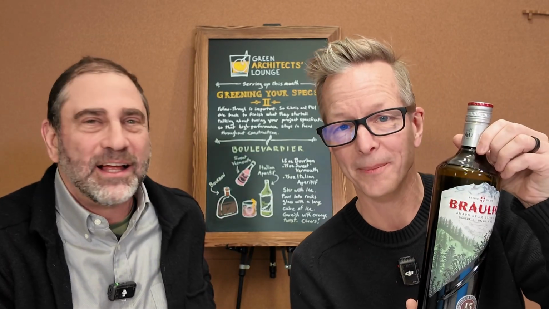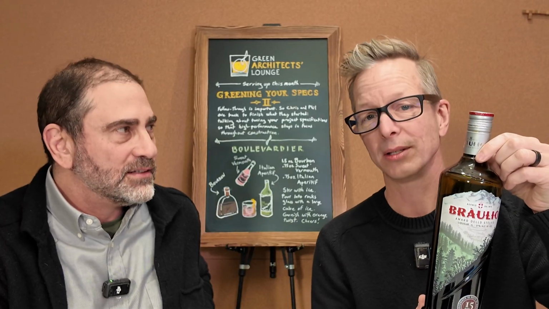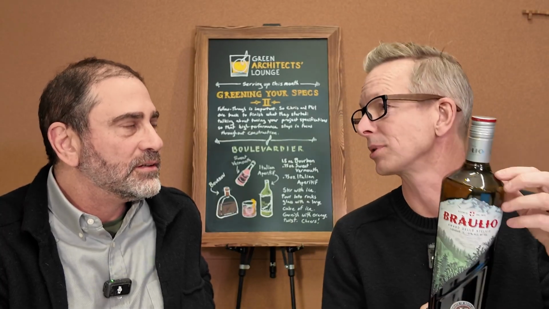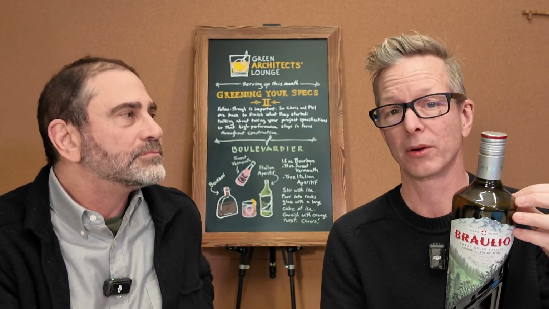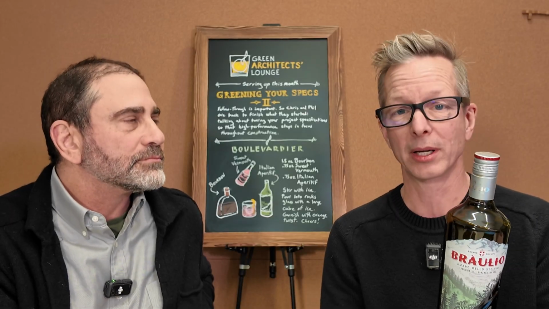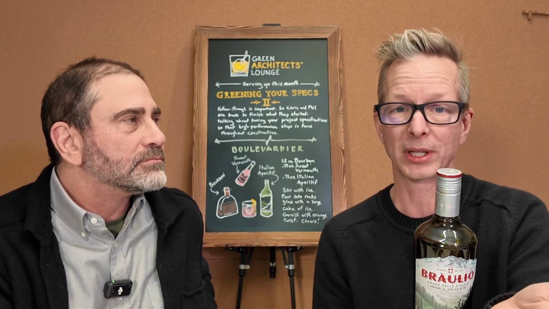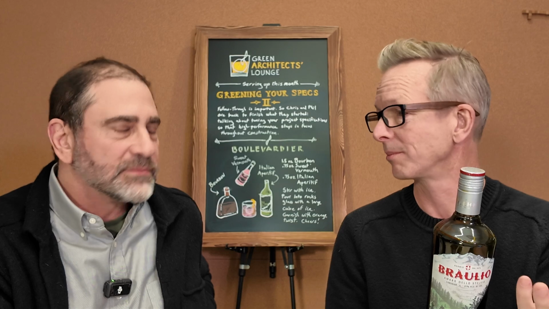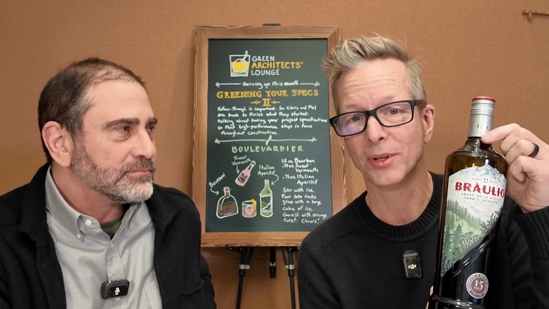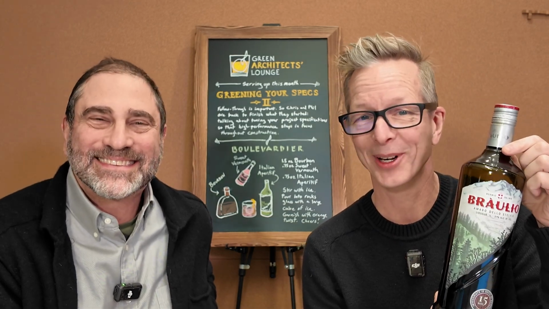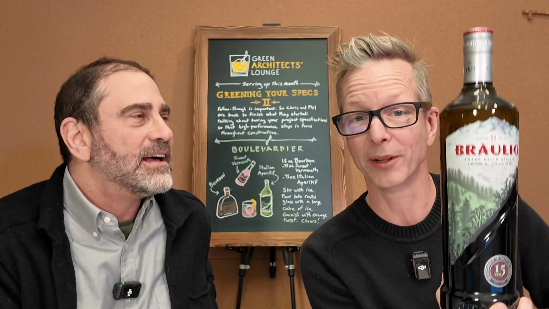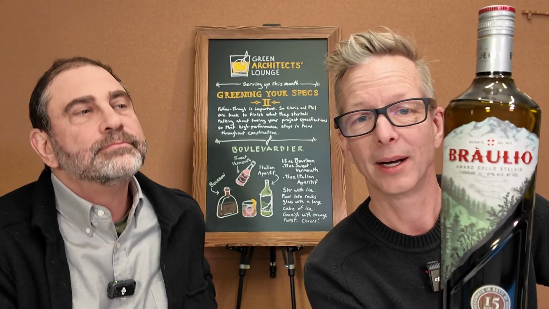But also 1 part, or 3/4 of an ounce, of an Italian aperitif or an Amaro. For your Negroni, that's Campari. And anytime you look up a Boulevardier online, it's going to be Campari. That's right. But because we're the Green Architects Lounge, we've got to go finding other things. This is Braulio. This is a wonderful Amaro. Highly recommend.